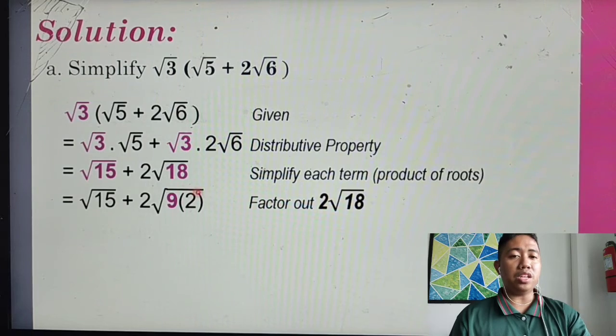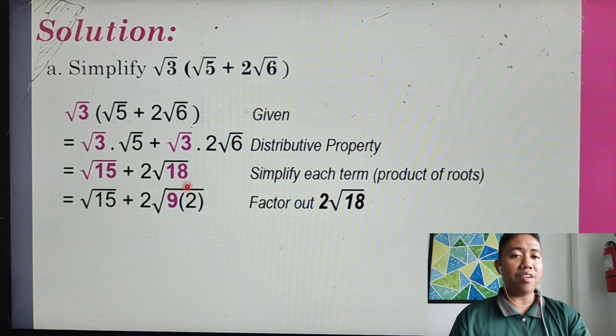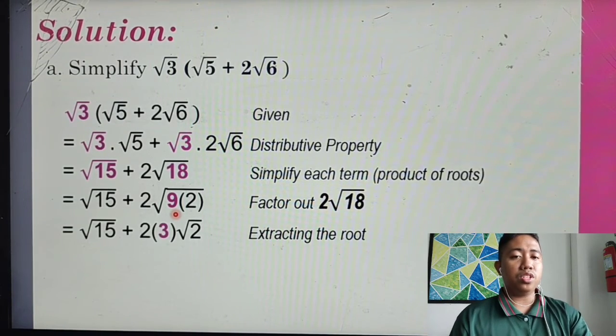The next step is to factor the radicand of the second term, 2 square root of 18. The possible factors of 18 are 9 and 2. At least we have a perfect square, which is 9, so we can eliminate it by extracting the root.